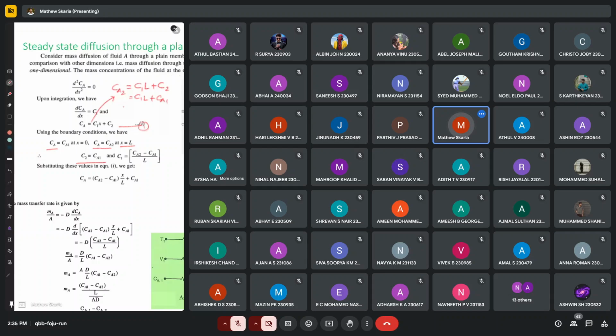ഒന്ന് റീറൈറ്റ് ചെയ്യുന്നു. Ca2 മൈനസ് Ca1 ഈക്വൽ ടു C1L. അതിൽ നിന്ന് C1 കണ്ടുപിടിക്കാൻ, C1 is equal to Ca2 മൈനസ് Ca1 by L. അതാണ് ഈ ഒരു എക്സ്പ്രഷൻ. Ca2 minus Ca1 by L into x. ഓക്കെ, L into x.